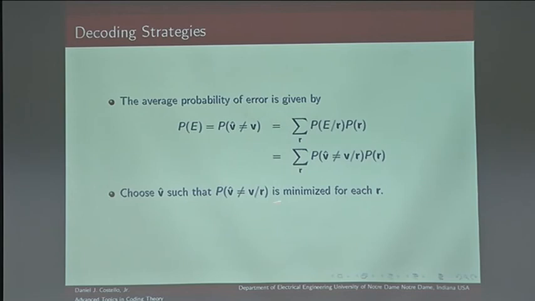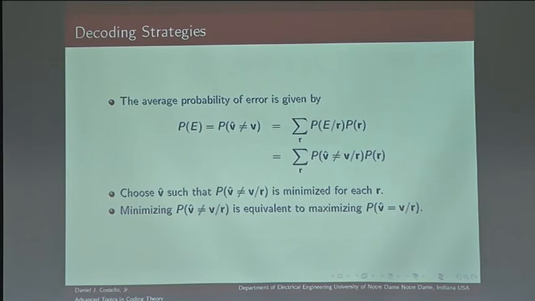So what we want to do is choose our estimate for every R. For a particular given R, we want to choose our estimate so that this conditional probability is minimized. Then we'll have the smallest possible value for each term in the sum, which will minimize the error probability.